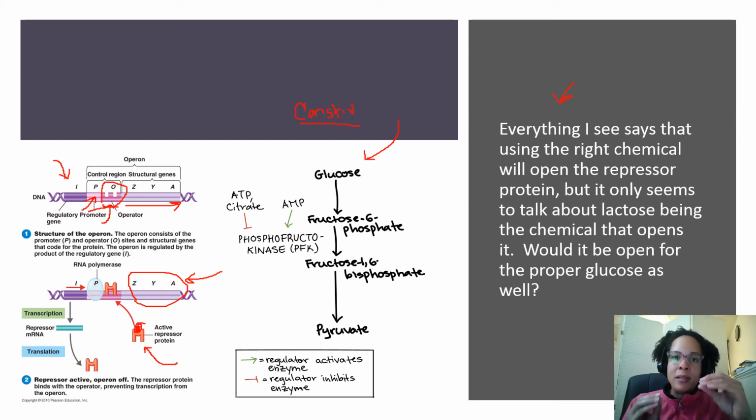Basically, what it means is that the genes for the enzymes in this pathway are produced at a constant rate all the time. So there's no repressor to turn those genes on and off. So it's different than what we see with lactose. So glucose cannot turn on operons or turn them off by binding repressor proteins. That's the first thing.